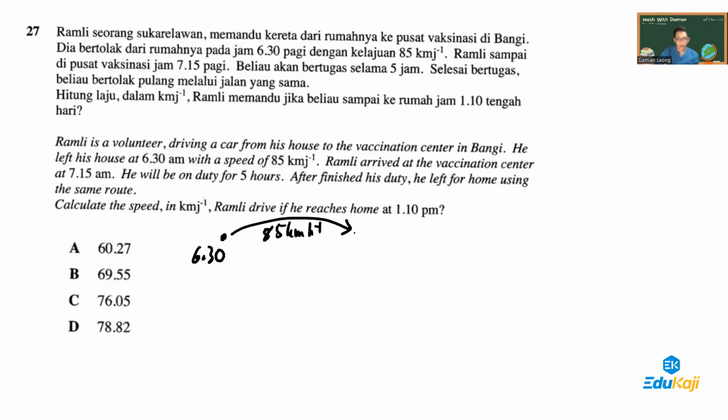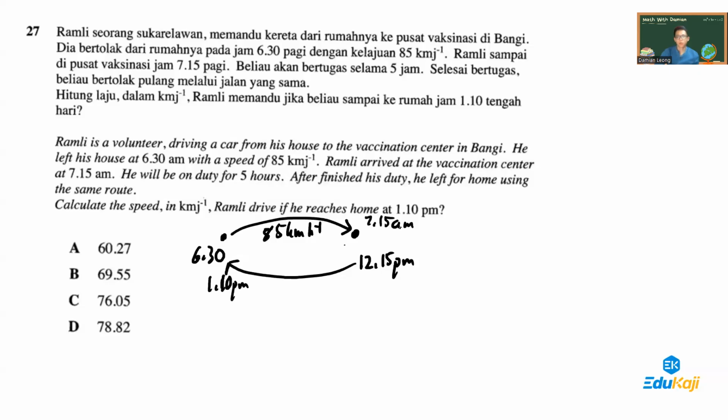He reached at 7:15 a.m. He's on duty for 5 hours, means until 12:15 p.m., and he travels back using the same route. And he reaches home at 1:10 p.m.